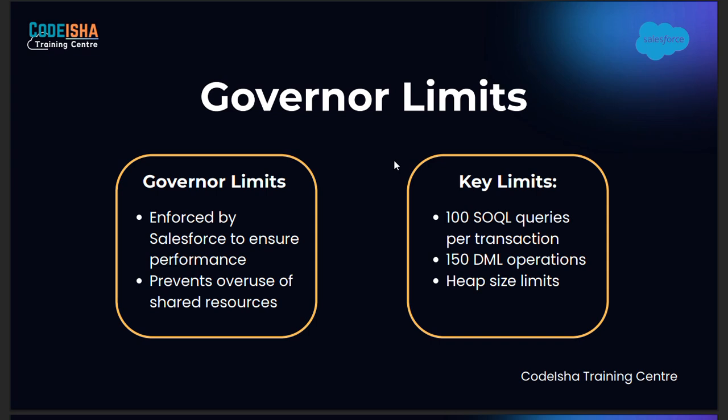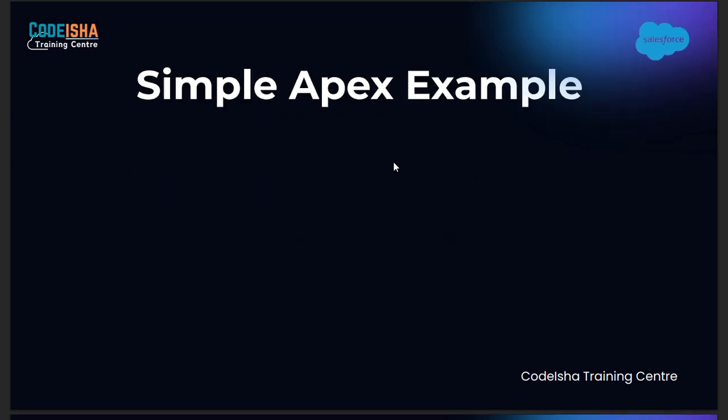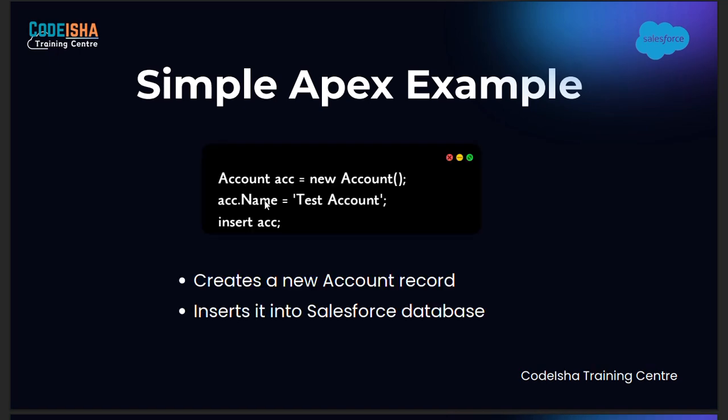Coming to a simple Apex example, this is a simple DML operation. Account means the object, and here is the object reference name, and new means creating a new record.